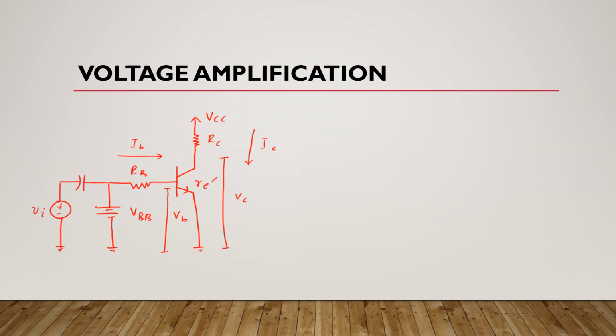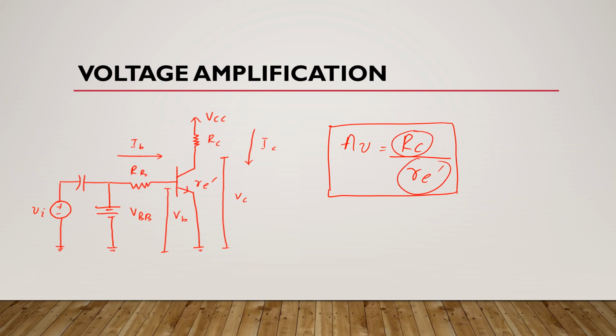From our last slide, we know that voltage gain is equal to collector resistance divided by AC emitter resistance. It means the transistor provides amplification in the form of voltage gain, which is dependent on the values of collector resistance and AC emitter resistance.